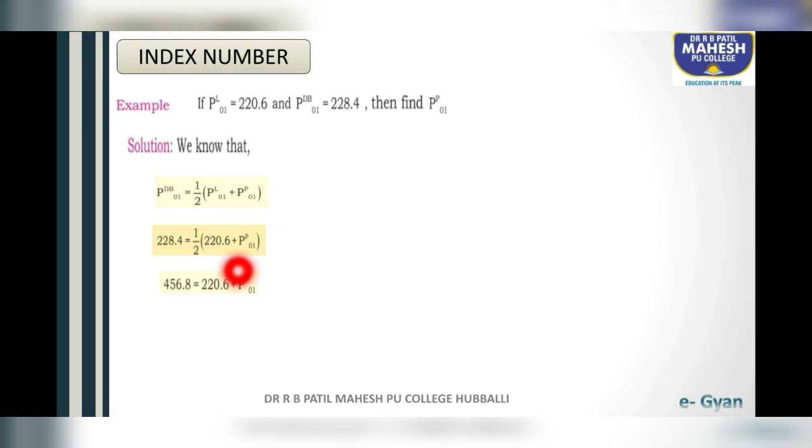Take this 220.6 to the LHS side. So P01 of Paasche is equal to 456.8 minus 220.6. After subtracting, the final answer is P01 of Paasche is 236.2.